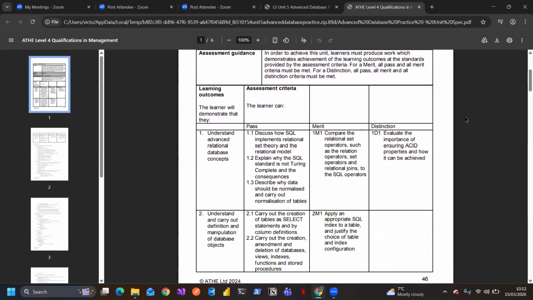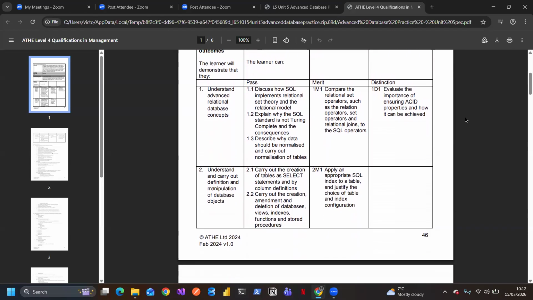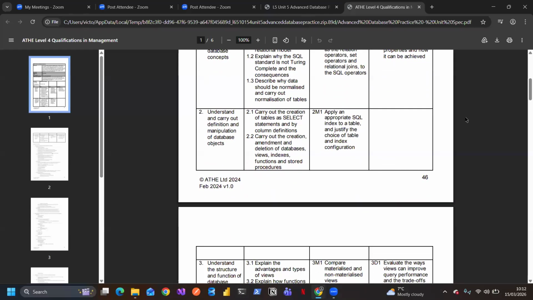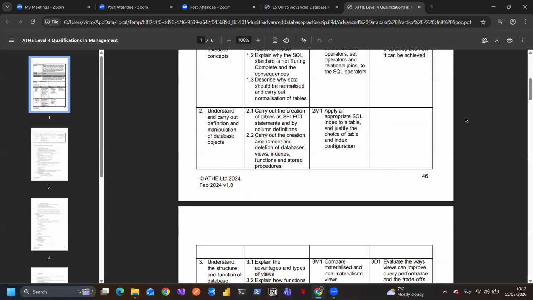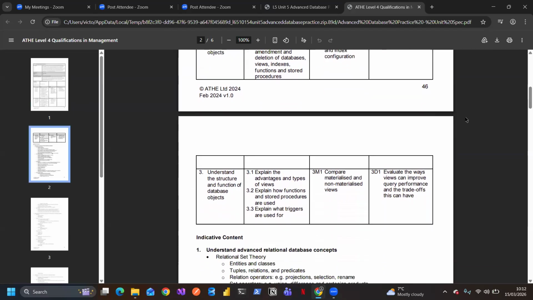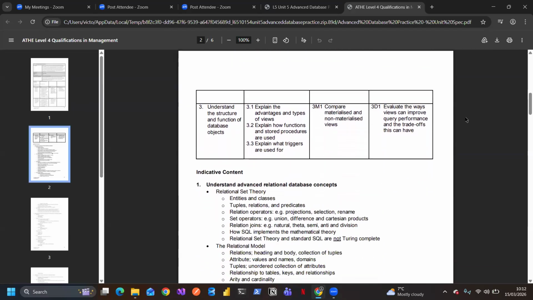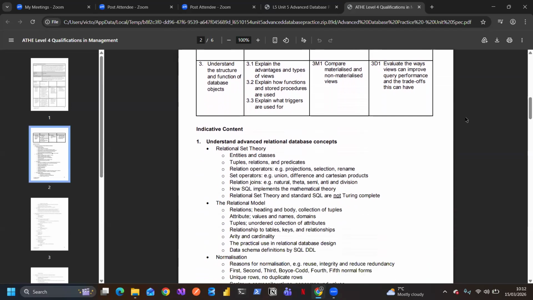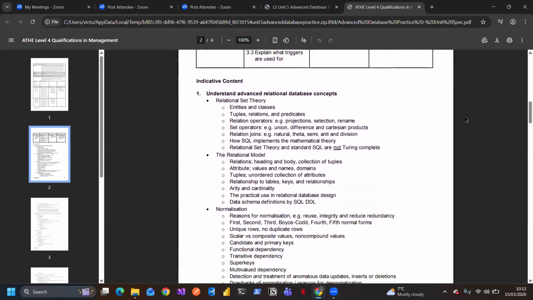In the previous sessions, we looked into understanding advanced relational database concepts. Then we looked into understanding and carrying out definition and manipulation of database objects. And then we looked into understanding the structure and function of database objects.